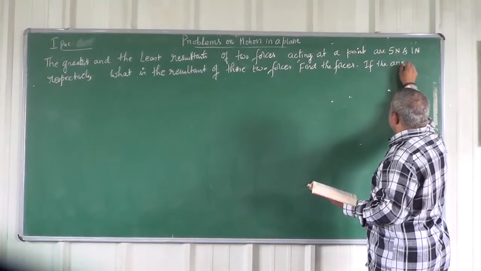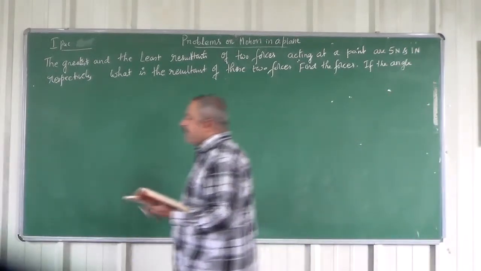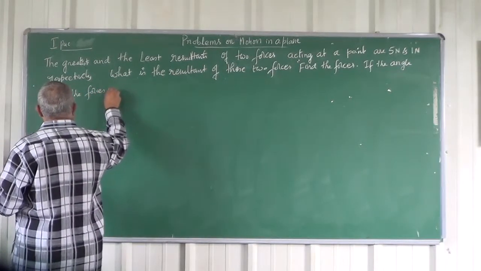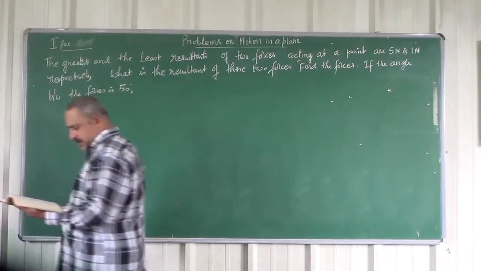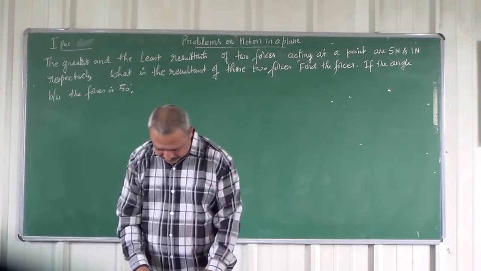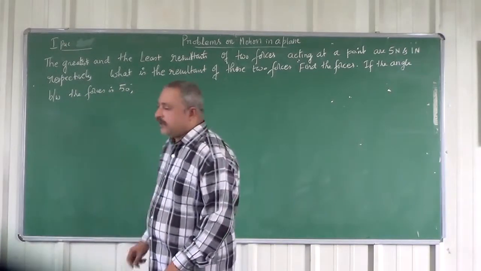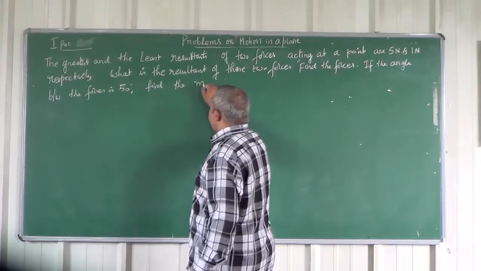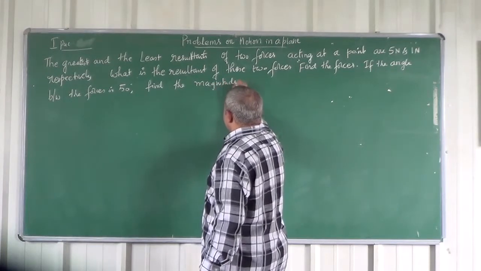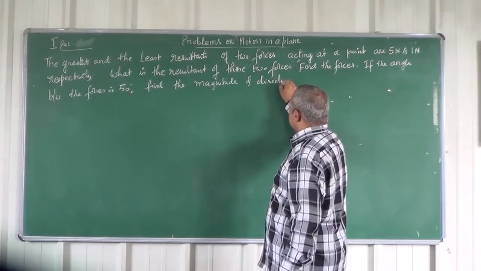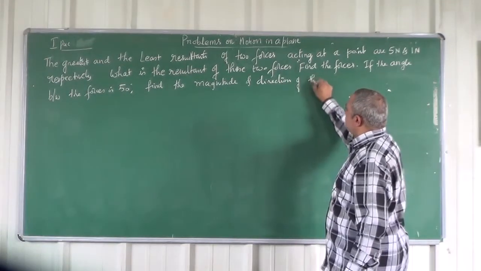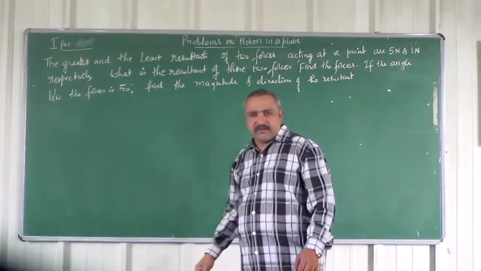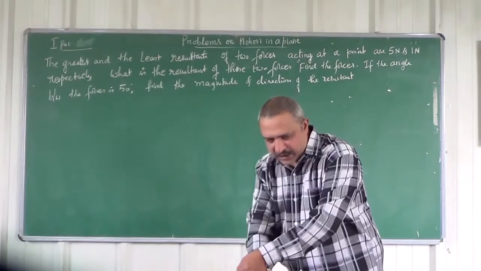If the angle between the forces is 50 degrees, find the magnitude and direction of the resultant. You need to find the magnitude as well as the direction.